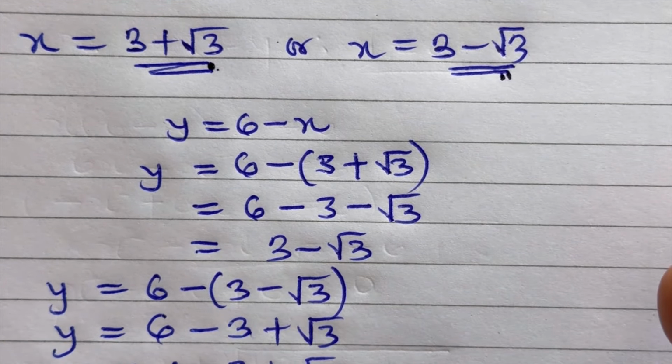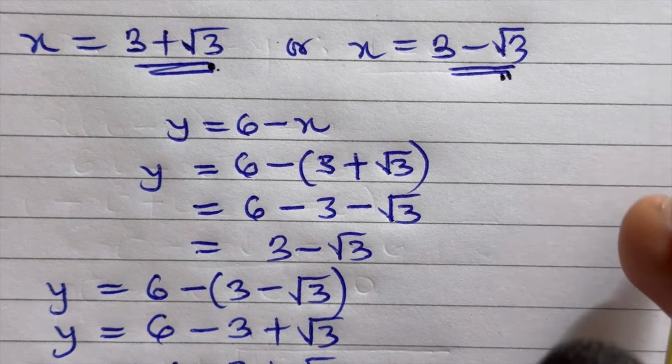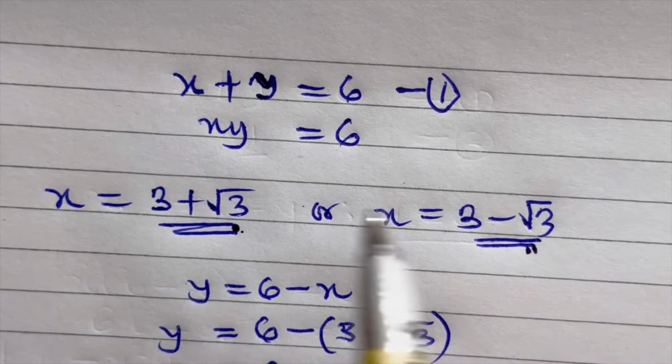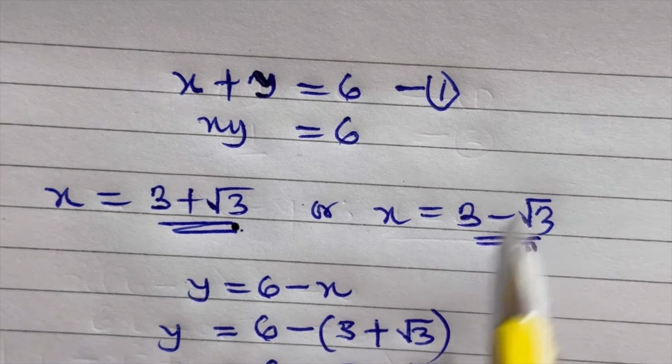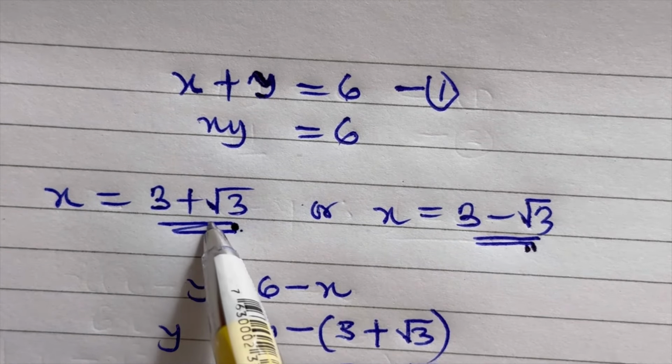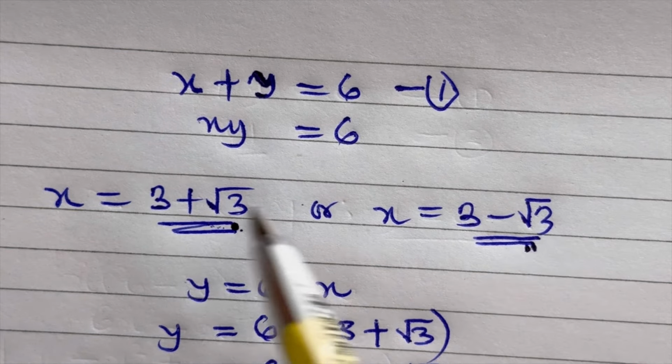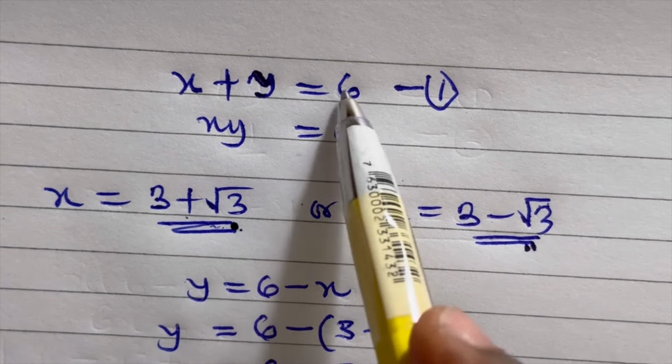And to check our answer, we can substitute the two values into this equation. It should give us 6. So remember we said when x was this, y was this. That means if we add these two together, it must give us 6.